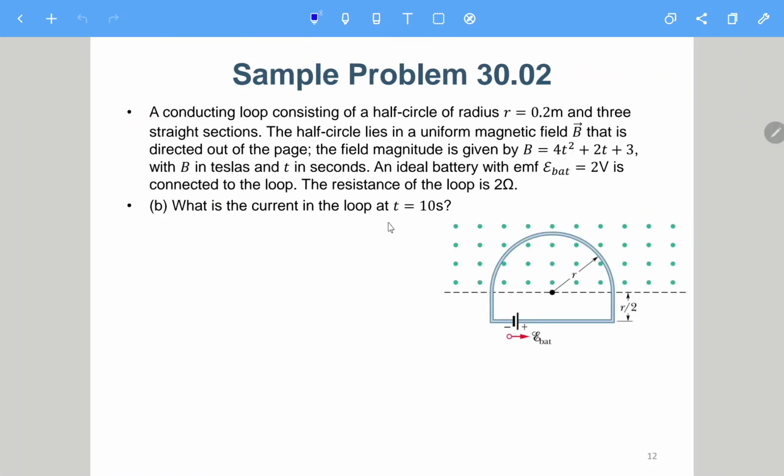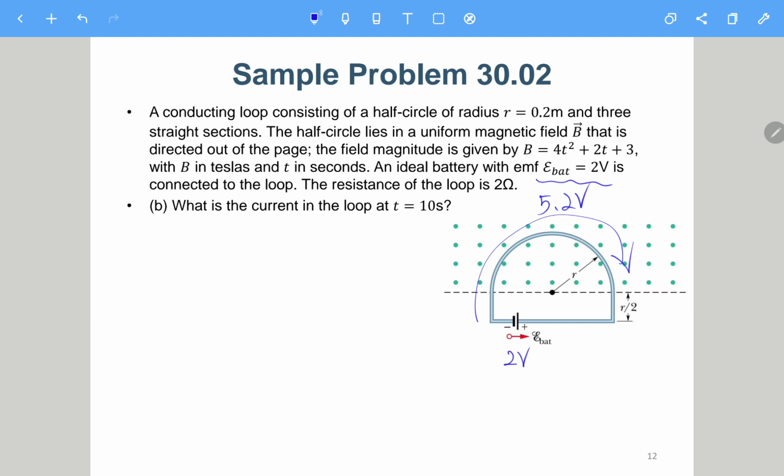Then for question B: what is the current in the loop at t equals 10 seconds? Just now we have the EMF in this direction, and the value is 5.2 volt. We also know that this E battery is 2 volt.